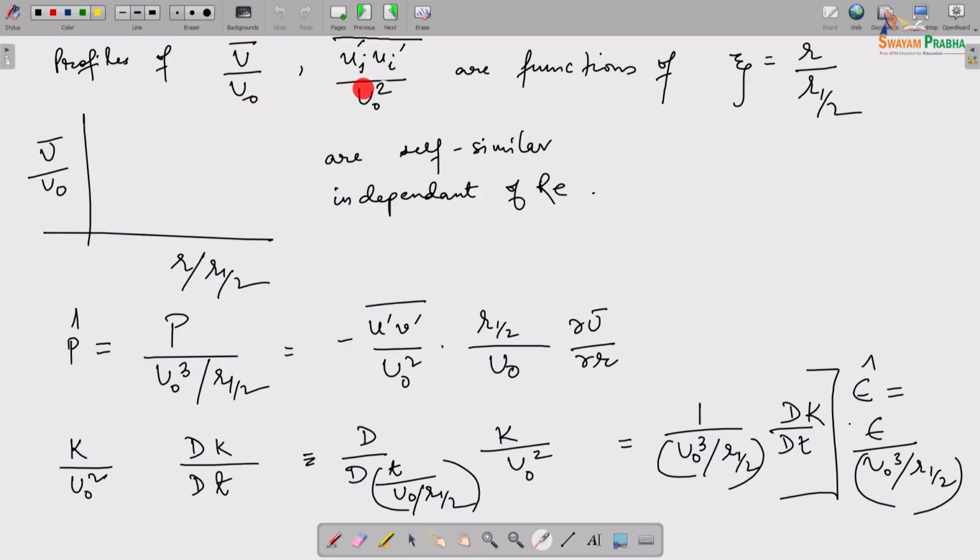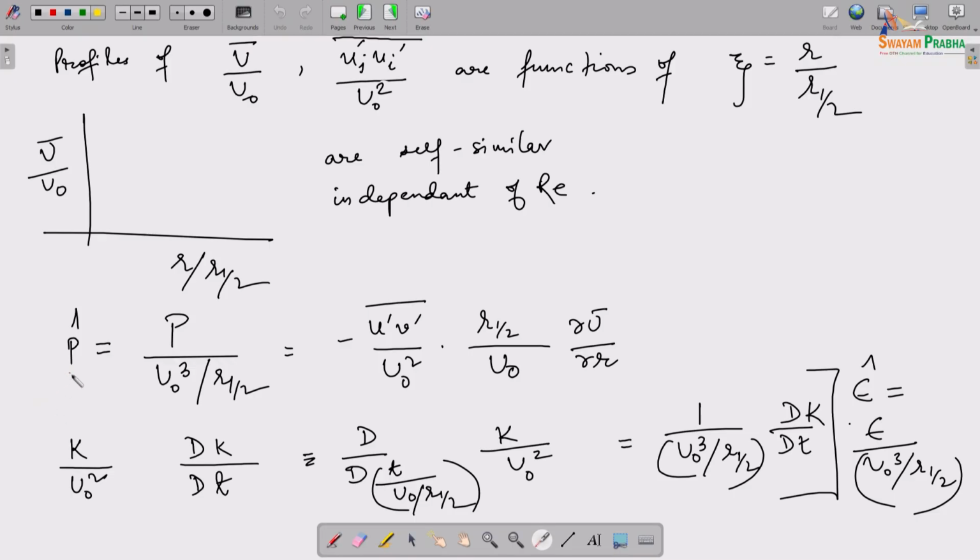So again, these are functions basically. If they scale with r by r half, they're self-similar, they're independent. We did the same thing with the production. So if I take the production, that also scales with this.